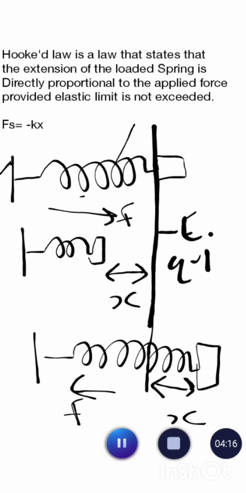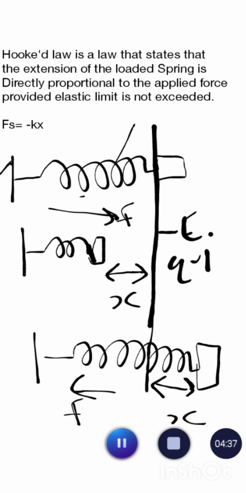In the second diagram, the object on the spring has been compressed, and the distance there is indicated by x. This is the displacement, and since the displacement was acting to the left, the force was going to the right.